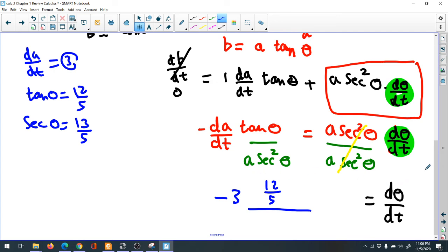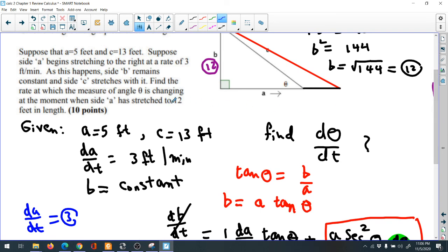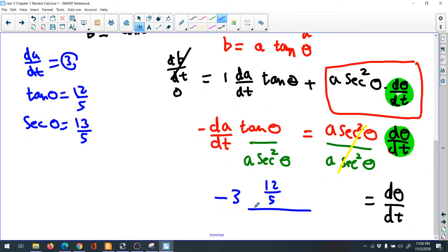You want to find it when a equals 12, it's given here. So this is 12, and secant is 13 over 5. Secant square is 13 over 5 squared, or 13 over 5 times 13 over 5. That's secant square.